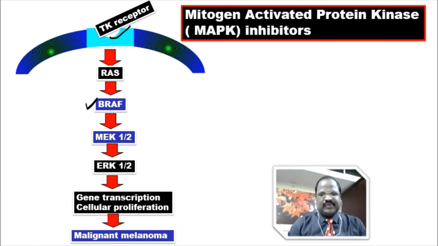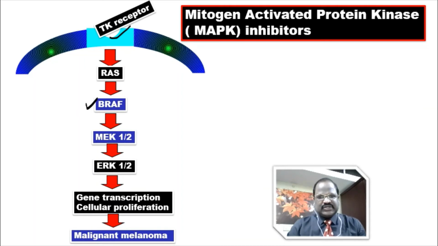That in turn stimulates MEK1 and 2, and activation of MEK1 and 2 causes activation of ERK1 and 2. That in turn causes gene transcription and cellular proliferation. It's one of the most important pathogeneses involved in malignant melanoma. So, the mitogen activated protein kinase pathway is involved in pathogenesis of malignant melanoma.